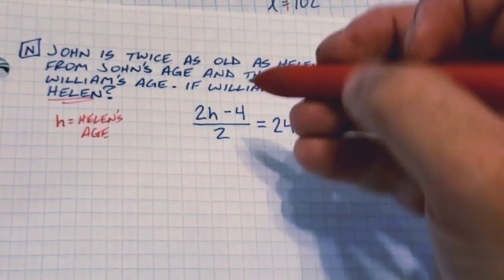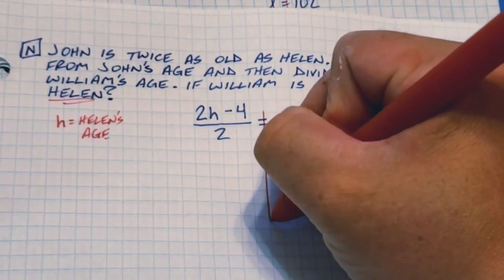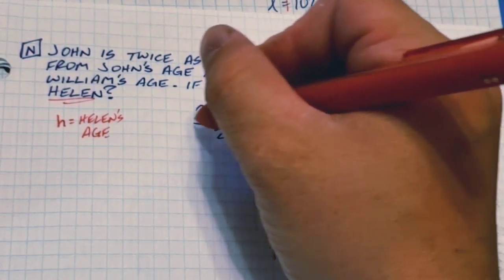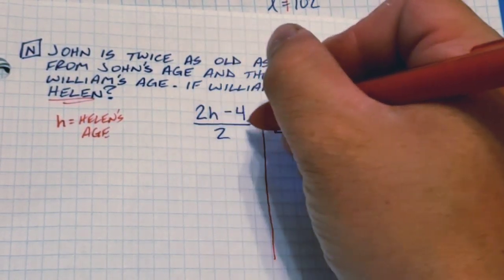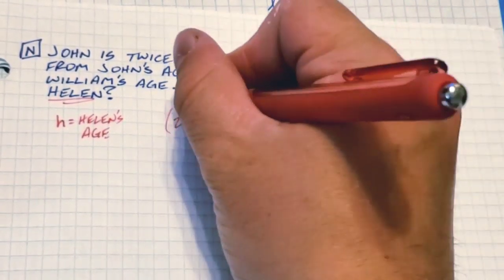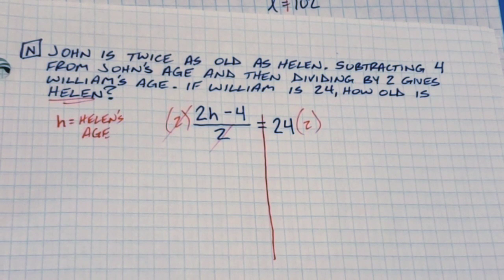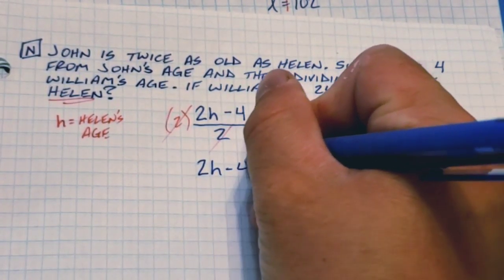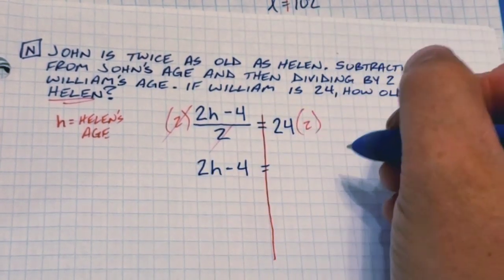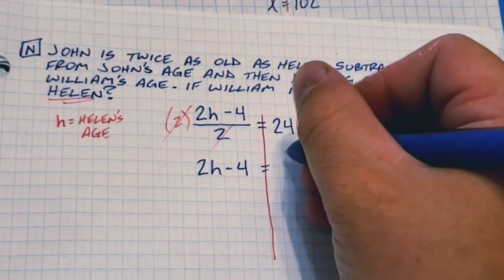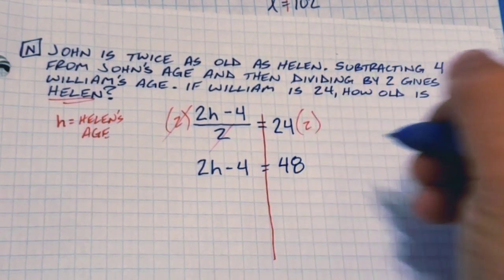All right, so there's something to do up here. There are understood parentheses. So first thing we want to do is undo this divided by 2. So let's multiply both sides by 2. We got 2H minus 4, because the times 2 divided by 2, those canceled out. 24 times 2 is 48.